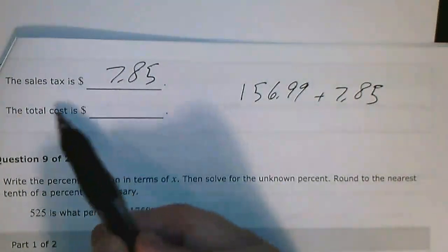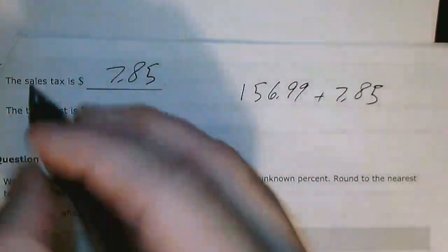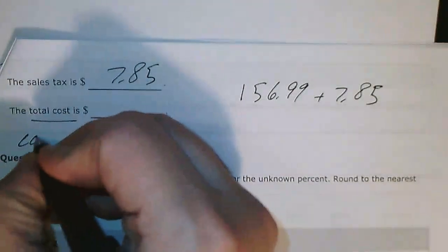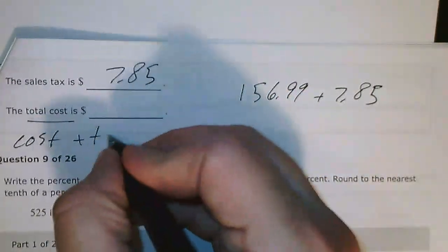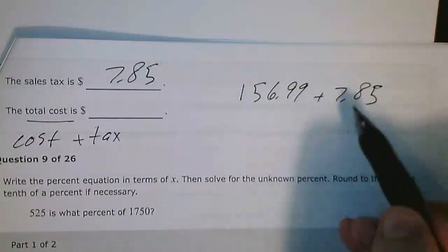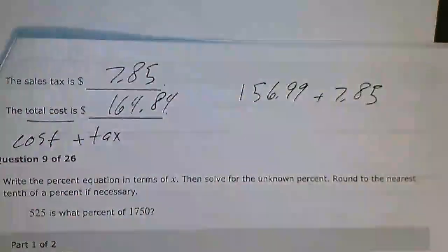Usually these two-part questions will prevent you from doing that, but total cost is cost of the item plus tax. So 156.99 plus 7.85 is 164.84.